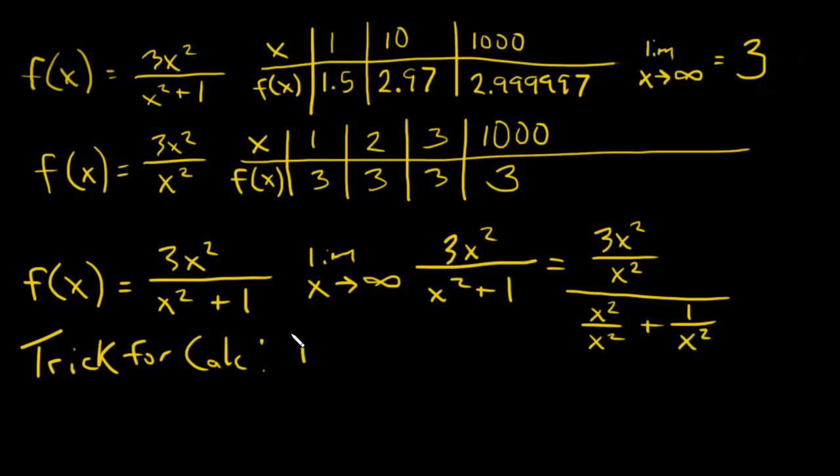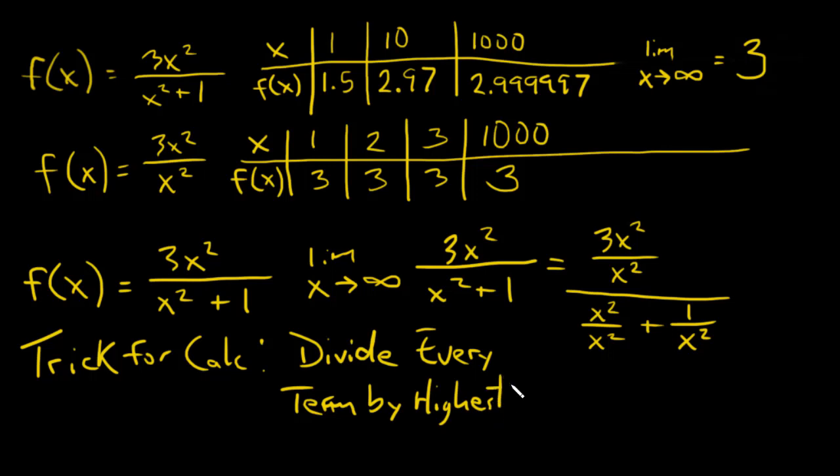So you divide every term by the highest power variable. We had an x squared as our highest power, so we divide every single one of the terms by that x squared. Well, let's see what happens when we do that.